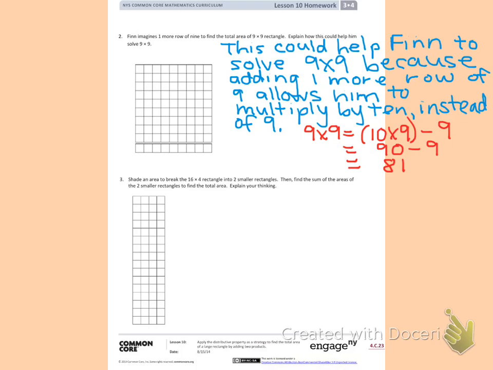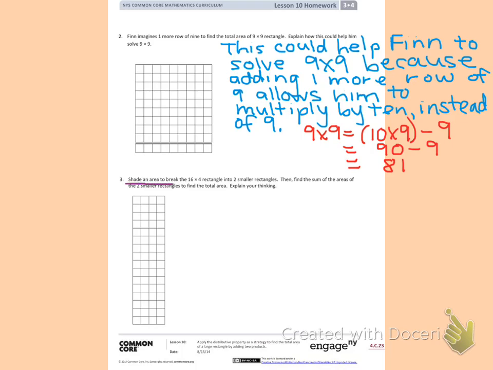Item 3. Shade an area to break the 16 by 4 rectangle into two smaller rectangles. Then find the sum of the areas of the two smaller rectangles to find the total area. Explain your thinking. I better underline the important details.